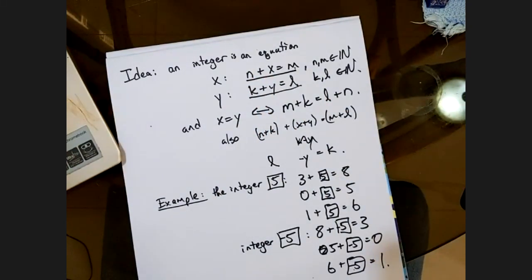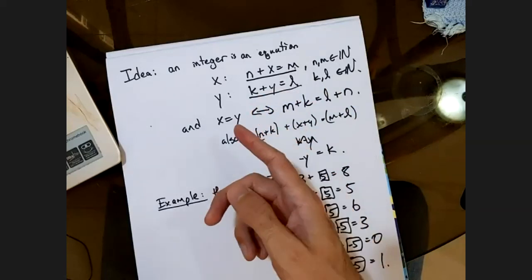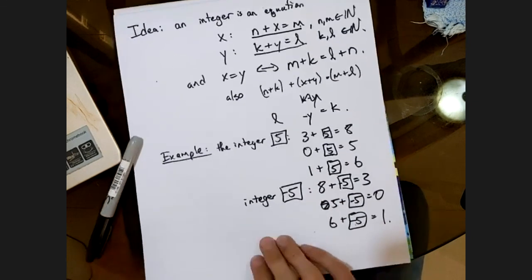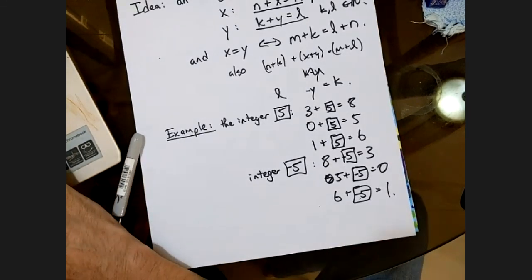Just like the complex numbers solve the problem that x squared plus 1 has no solution, now we're solving the problem that 5 plus x equals 0 has no solution. So let's take a 5-minute break, come back and talk a little more about the integers.